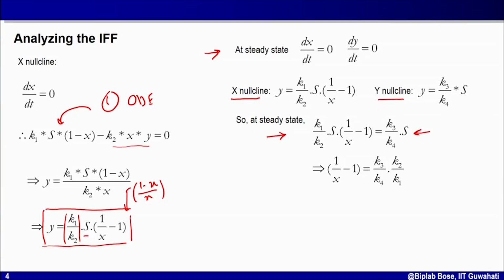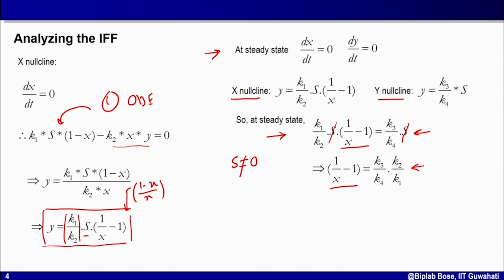So if I rearrange, I keep this 1 by x minus 1 on the left hand side and arrange everything with s on the other side. Remember, if s is not equal to 0, then I can cancel this s. So by rearrangement I get 1 by x minus 1 is equal to k3 by k4 into k2 by k1.